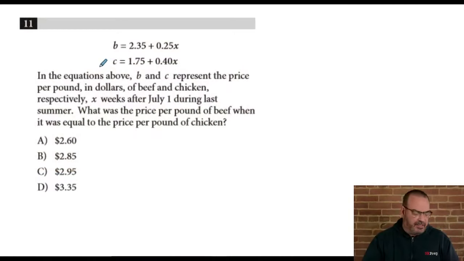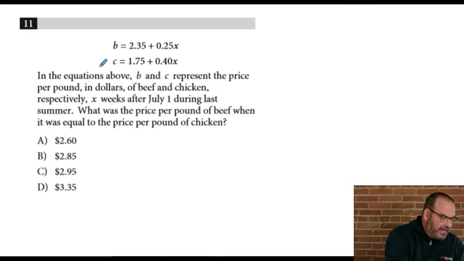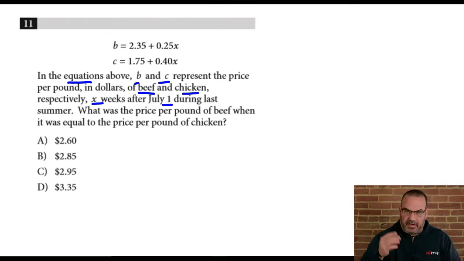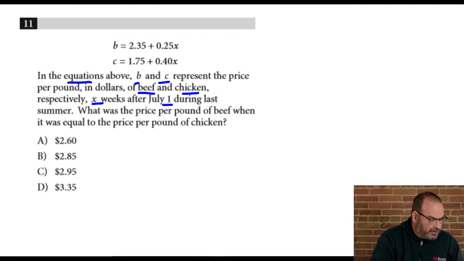All right, here's a classic kind of word problem, kind of systems of equations, but they give us the equations and they describe it, and they say in the equations above, B and C represent the price per pound in dollars of beef and chicken, respectively, X weeks after July 1st during the summer. So the price fluctuates on a linear equation.